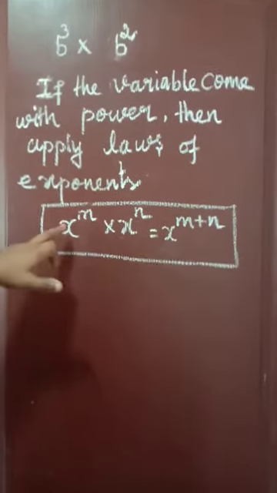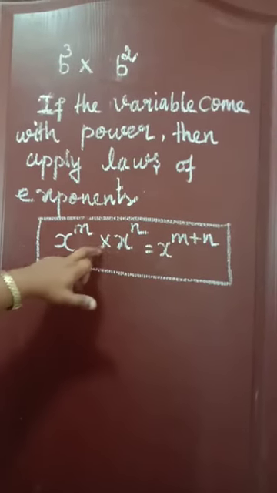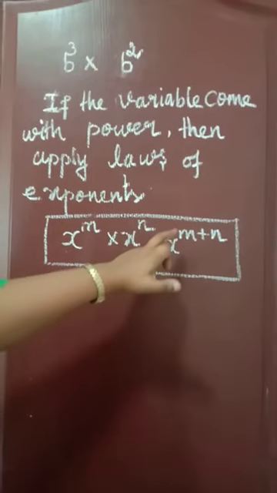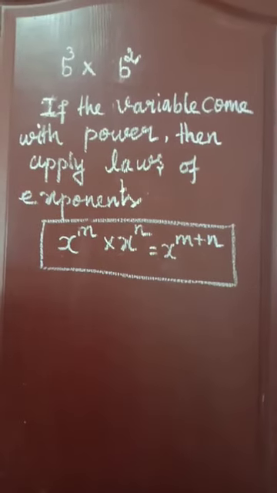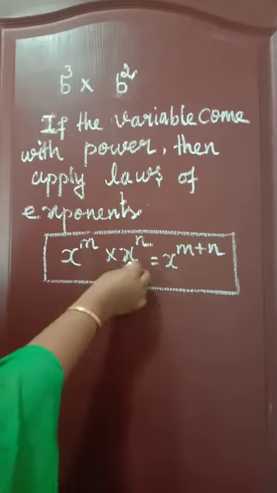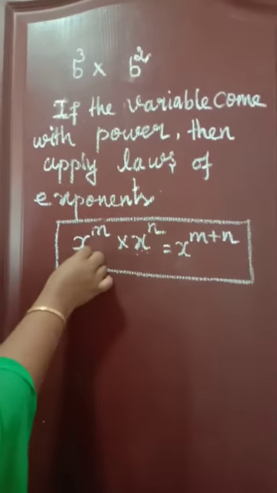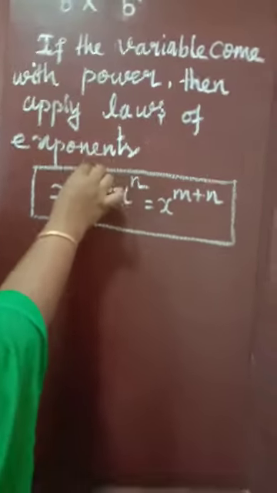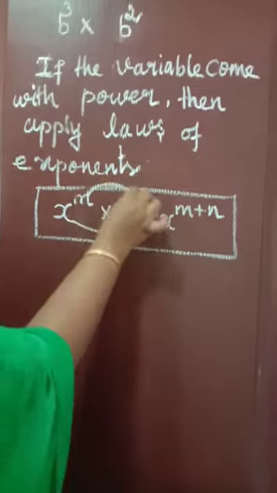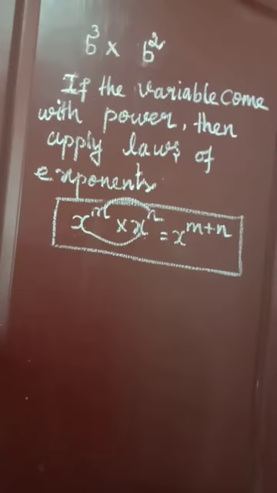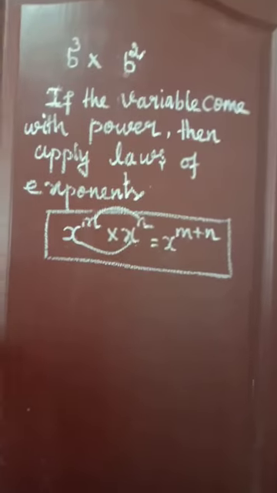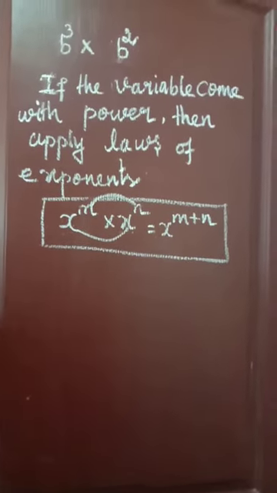So listen, x power m into x power n is equal to x power m plus n. In multiplication, if the base is the same, this is called the base. The base's upper side is called the power. This is the base, this is the power. If the base is the same, we add the power.